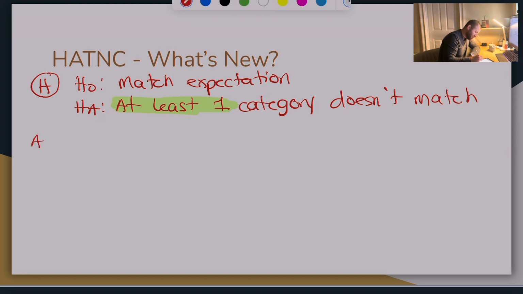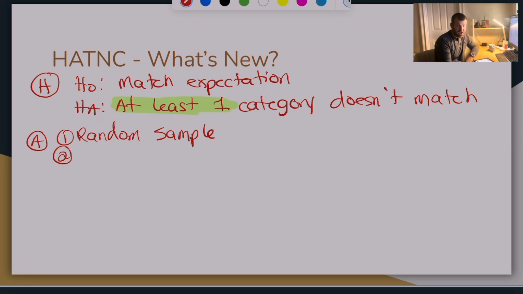For our assumptions, we still need a random sample. For your sample size now, this is very important. It's that all of the expected numbers are greater than or equal to 5. I cannot stress this enough, that it is the expected number. They will try to trick you on the multiple choice questions and give you a table where one of the observed values is less than 5.